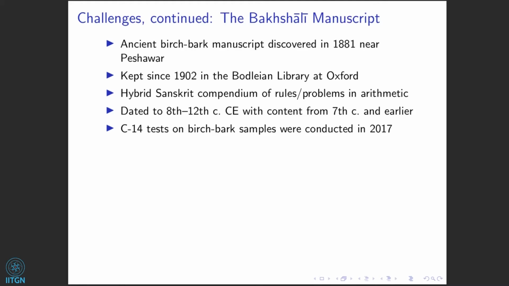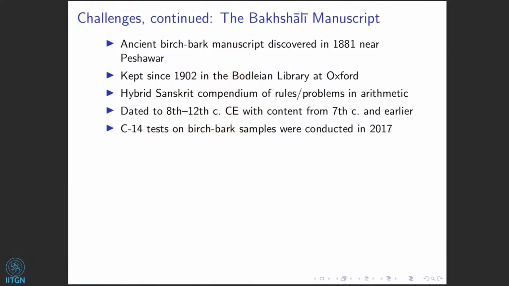It consists of a compendium, a combination of a manual and a textbook in a linguistically hybrid form of Sanskrit that deals with a very wide variety of rules and problems in arithmetic, based on what we can figure out about its script and its language and its mathematical content.